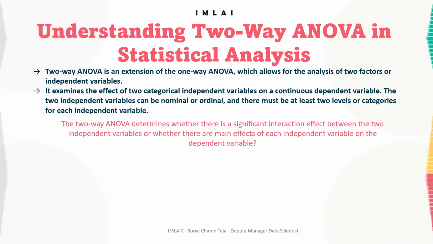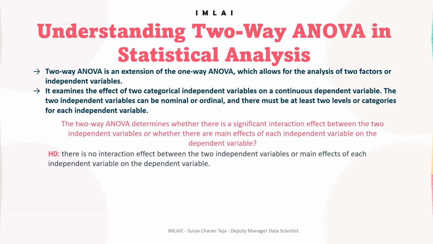A significant interaction effect occurs when the effect of one independent variable on the dependent variable differs across the levels of the other independent variable. The main effects refer to the overall effect of each independent variable on the dependent variable.